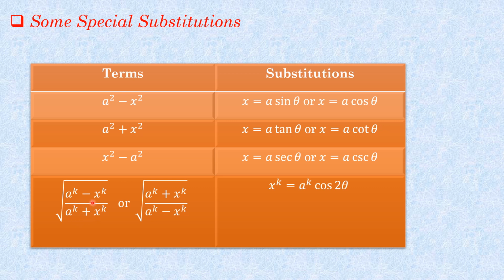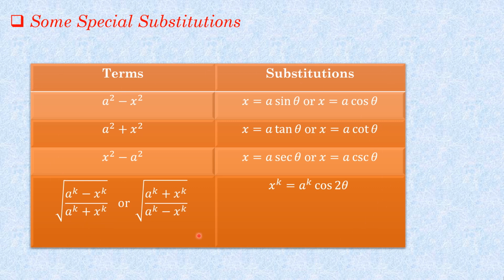And 1 minus cos 2 theta has a formula, and 1 plus cos 2 theta has also a formula. 1 minus cos 2 theta you should replace by 2 sin square theta, and 1 plus cos 2 theta you should replace by 2 cos square theta. After simplifying this, we will get a simple term, and from there you can differentiate the term very easily. That is why we take these particular substitutions here.